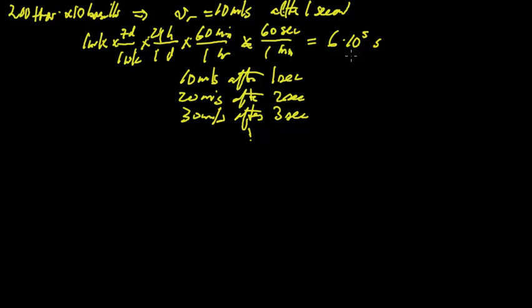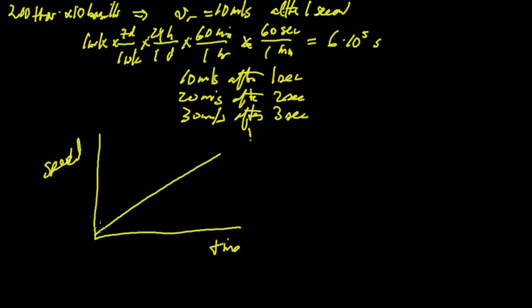So the way we do that is we just draw a speed and time plot, and it looks something like this, where after 1 second we're going 10 meters per second, and after 2 seconds we're going 20 meters per second, and so on.